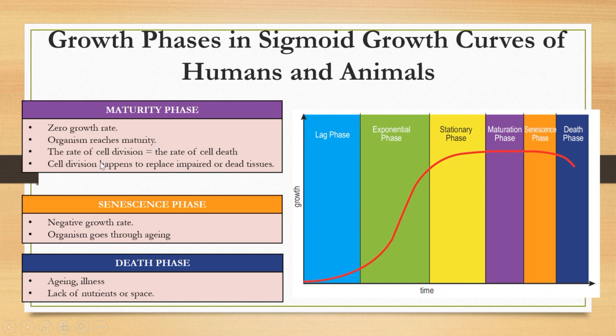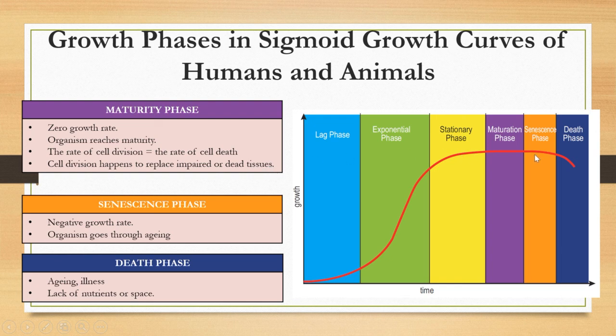The rate of cell division equals the rate of cell death, so cell division happens just to replace impaired or dead tissue.